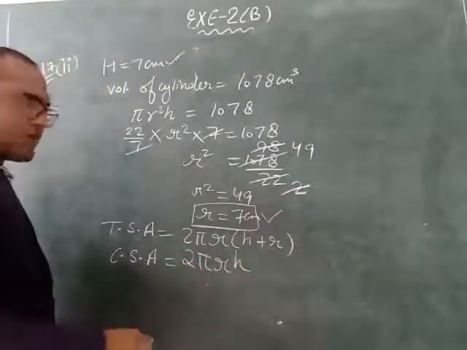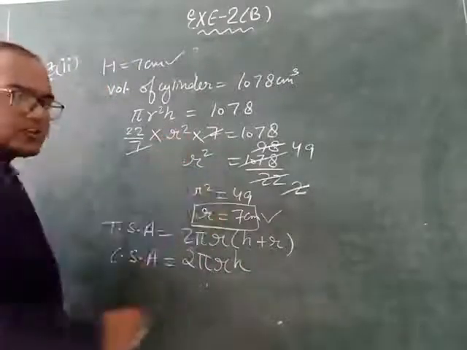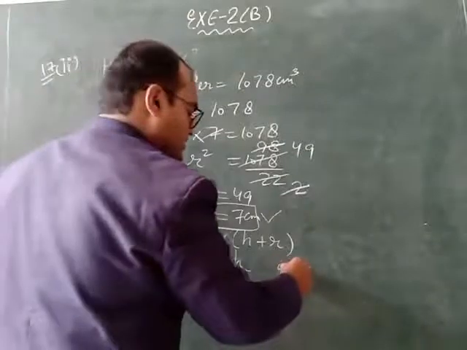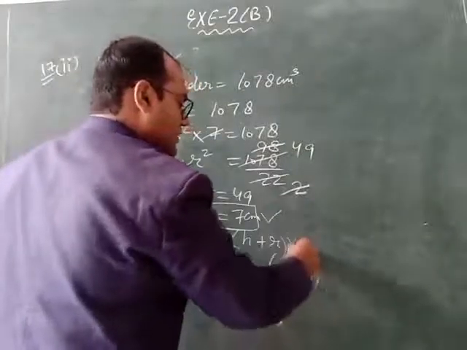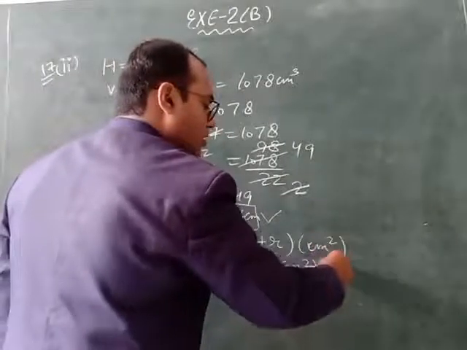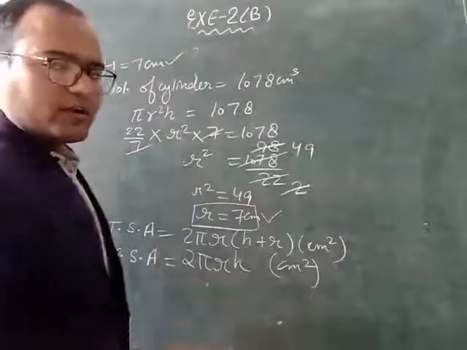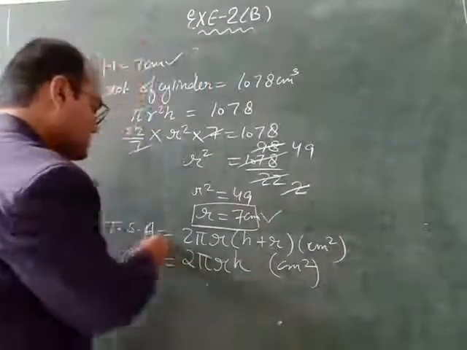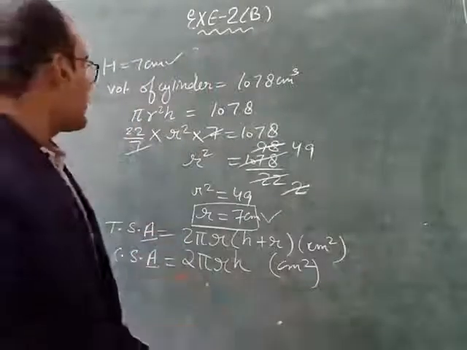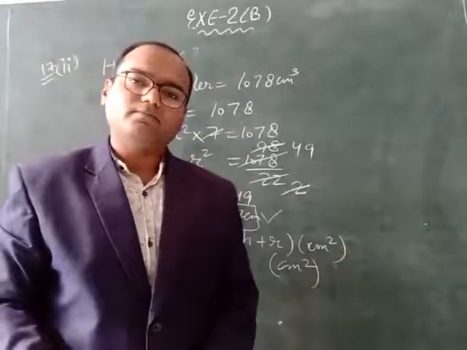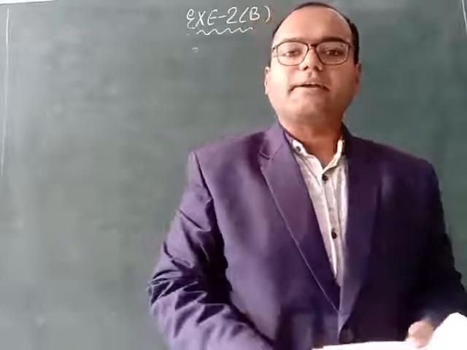Here also we have to put the values of r and h. Both answers will come in centimeter square, because this is area. So like this you have to do question number 17. Now all of you see question number 19.